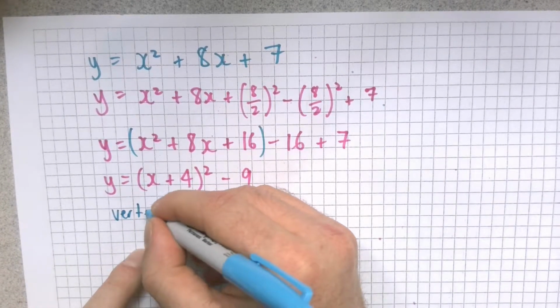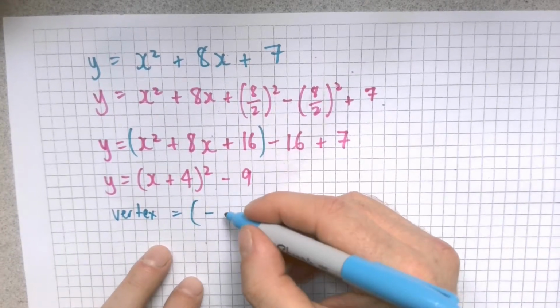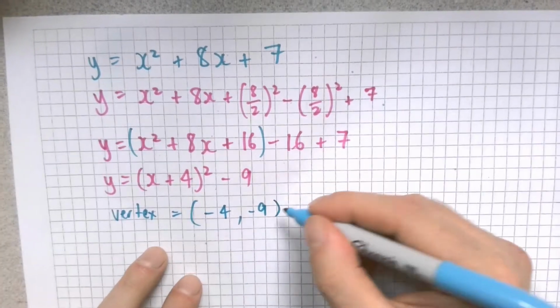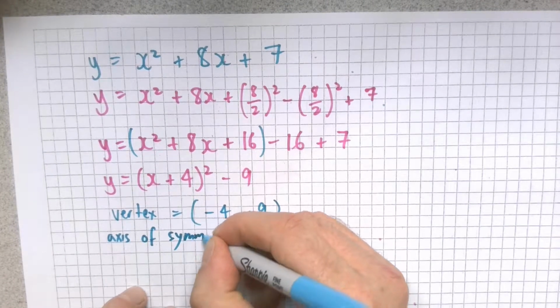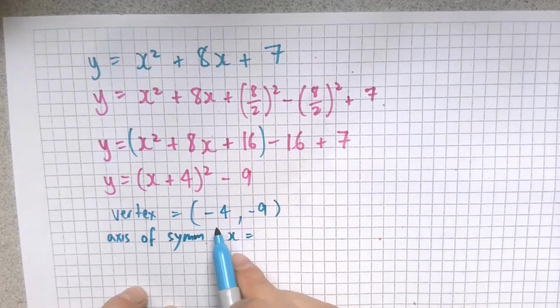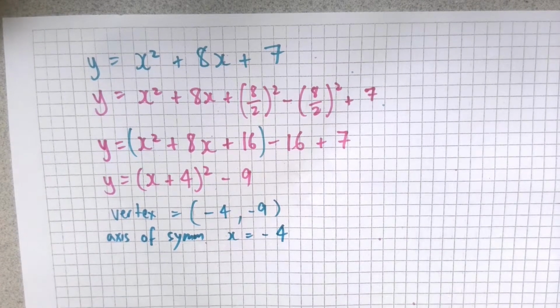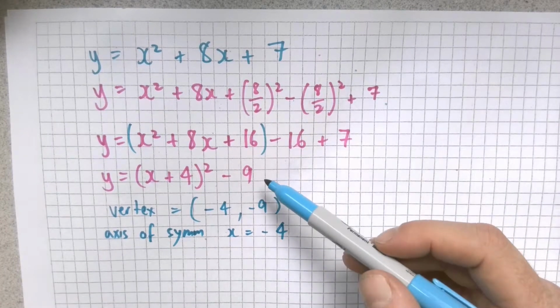The vertex will be equal to (-4, -9). Axis of symmetry, x equals, same as the x value in the vertex, -4. Okay, now we can further go ahead and look at some x-intercepts.